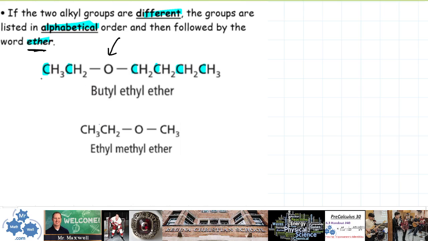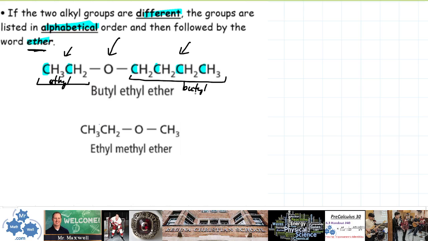What you do is if these are just straight carbon chains, which is the easiest and most common, then you're going to name these straight chain functional groups in order alphabetically. So this is ethyl right here, an ethyl group. This is a butyl. Meth, eth, prop, but.